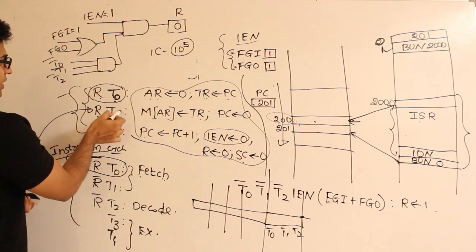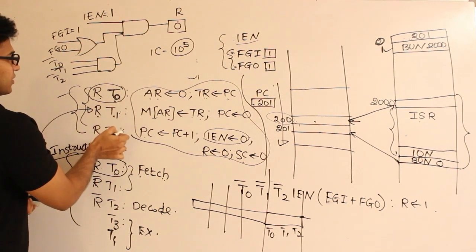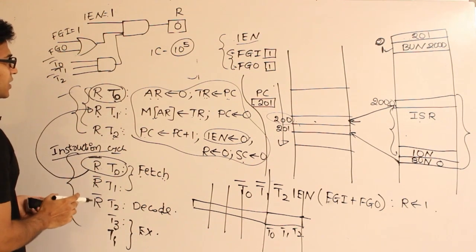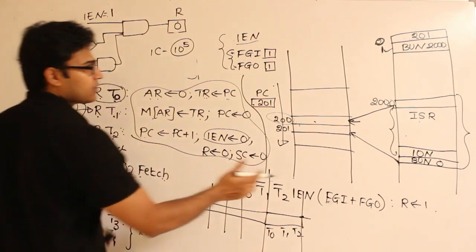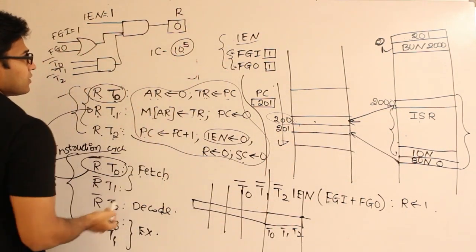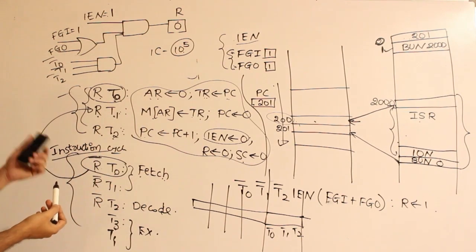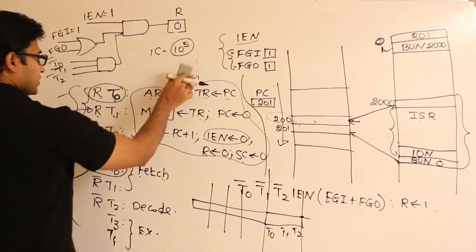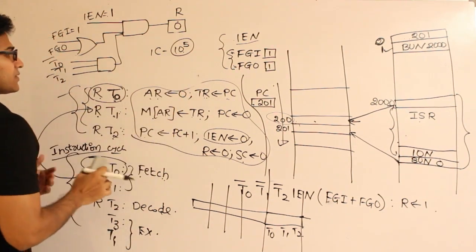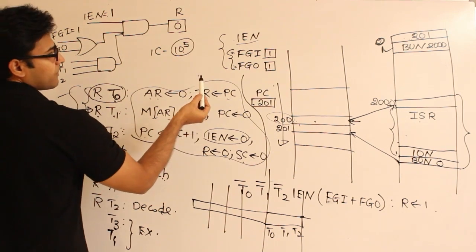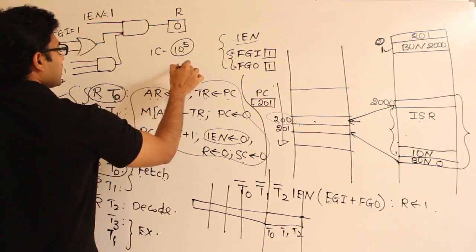In fact, if you look at these three clocks, T0, T1 and T2, they are smaller than one instruction. Therefore, you might waste one instruction and then a few instructions here, but not that many, isn't it? 10 power 5 is nothing but 1 lakh instructions. They will not be 1 lakh instructions, but far fewer, maybe not even 100, maybe some 20-30 instructions.